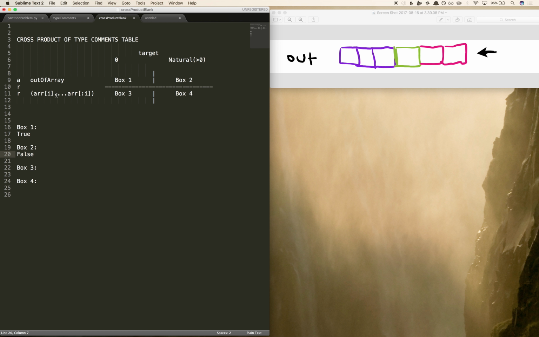Now let's look at box 3. In box 3, our target is 0. We found a subset of the array that is half the total sum of the array.